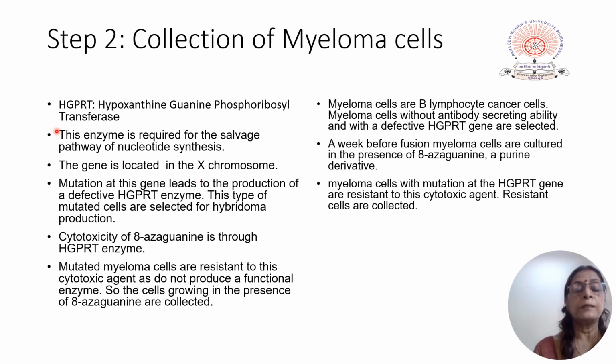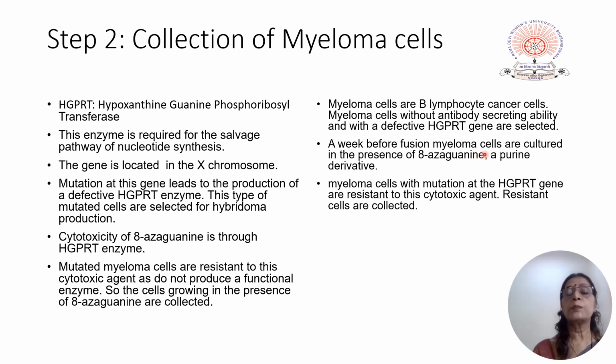This enzyme is required for carrying out the salvage pathway. If this enzyme is not functional or it gives rise to a defective product, then the cell cannot carry out the salvage pathway. So these myeloma cells are the cells which are HGPRT negative.